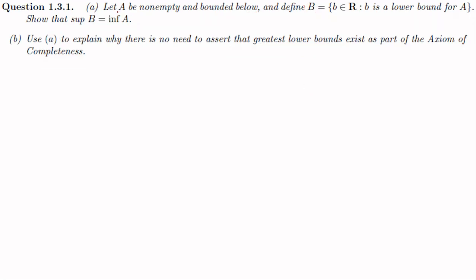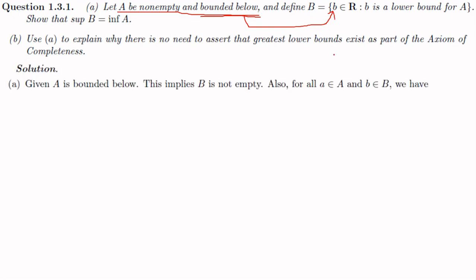To prove the A part, we are given that A is non-empty and bounded below. Now since A is bounded below, A has a lower bound, and this lower bound will be an element of B by the definition of B. So we can say that B is non-empty.